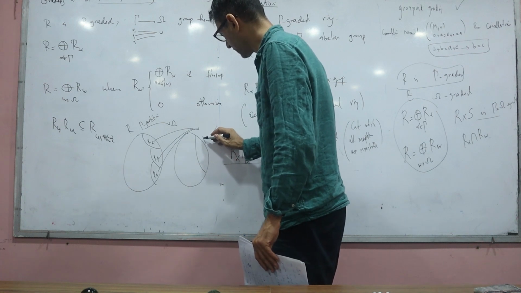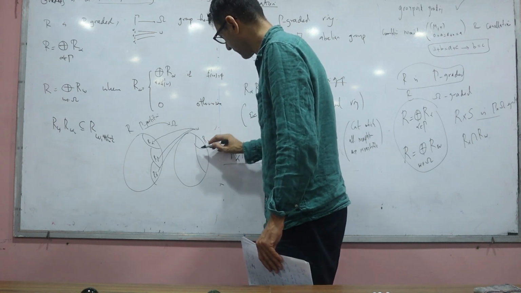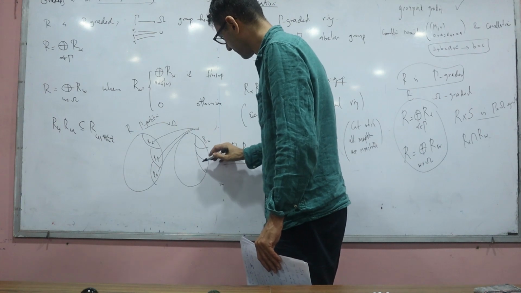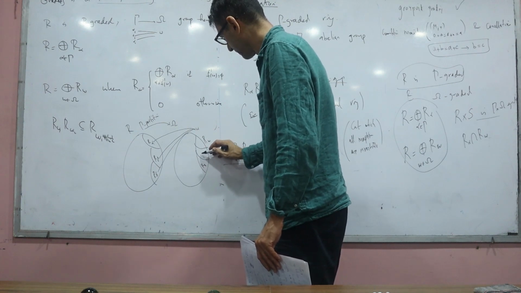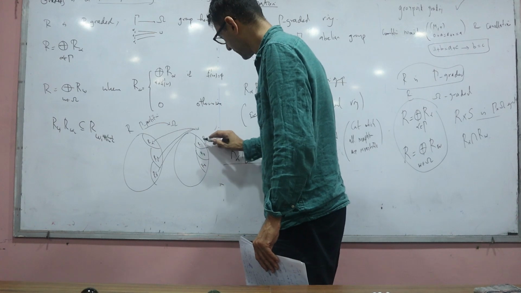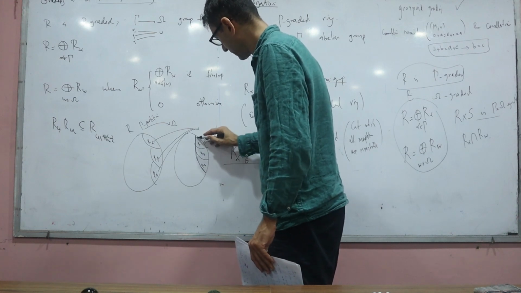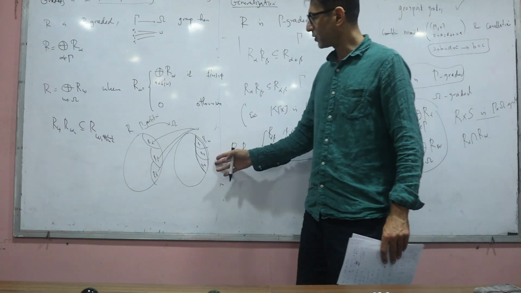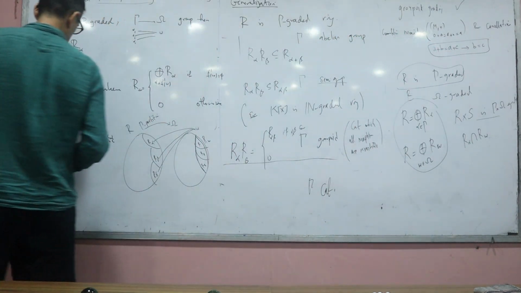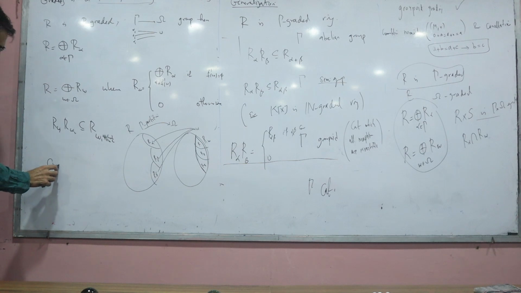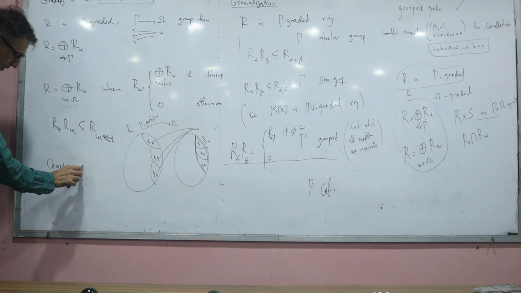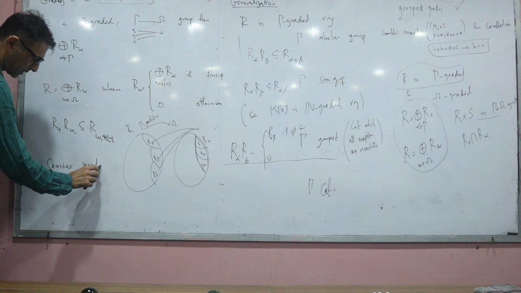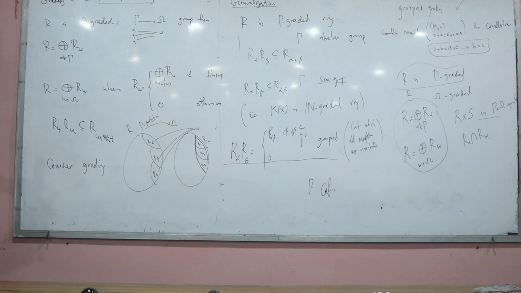So I call this R omega. This is my R omega. So as you see, it's coarser, right? If that's the correct way to say it, it's a coarser grade, because it makes things just bigger, so you are kind of losing information.